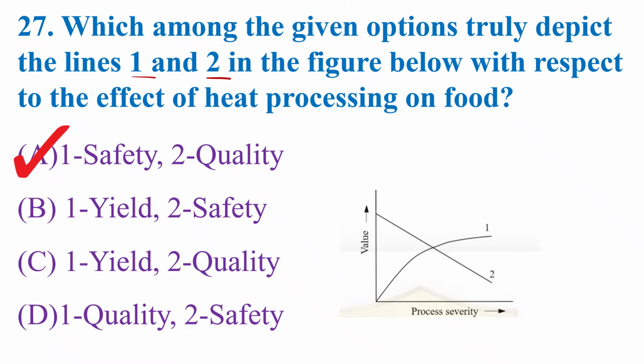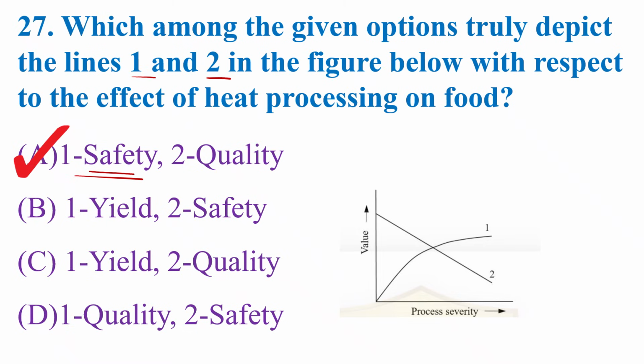Now after a point, what will happen? Safety will reach a maximum limit. After that you can't make food any safer. So line 1 is about the safety. Whereas line 2 is a straight line going down.